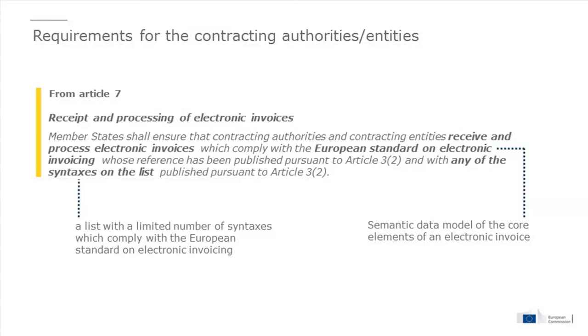And also, to make this extra complicated, the European standard, which is the business terms of an electronic invoice, can be expressed using different syntaxes, and the directive says that the receiver must support any, that is all, of the syntaxes on a specific list.